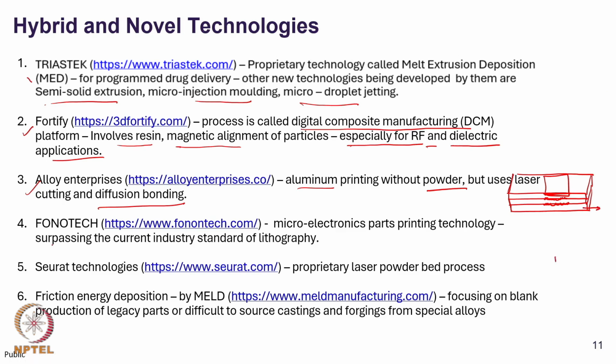Another company called Phonotech has come up with a 3D printing technology which can be used for microelectronics parts printing. What they essentially do is they create grooves on boards on which the circuits have to be printed.